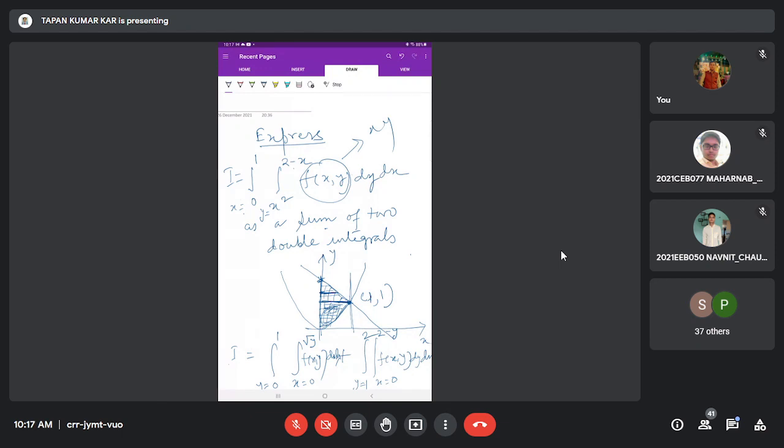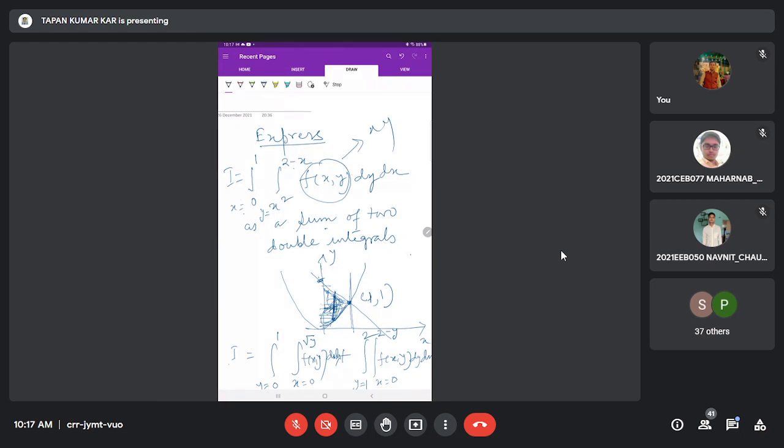Otherwise, if you don't want to express it as a sum of two double integrals but you have to evaluate, then you consider y first from this curve to this curve, and then x varies from 0 to 1.